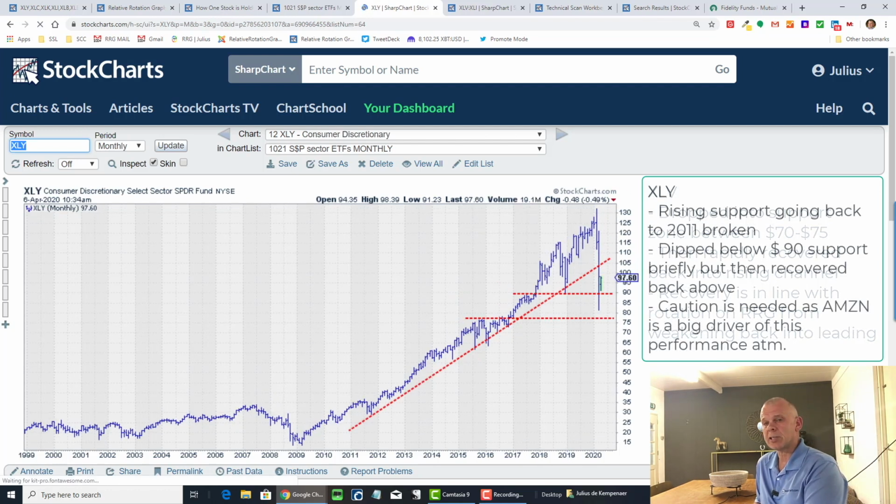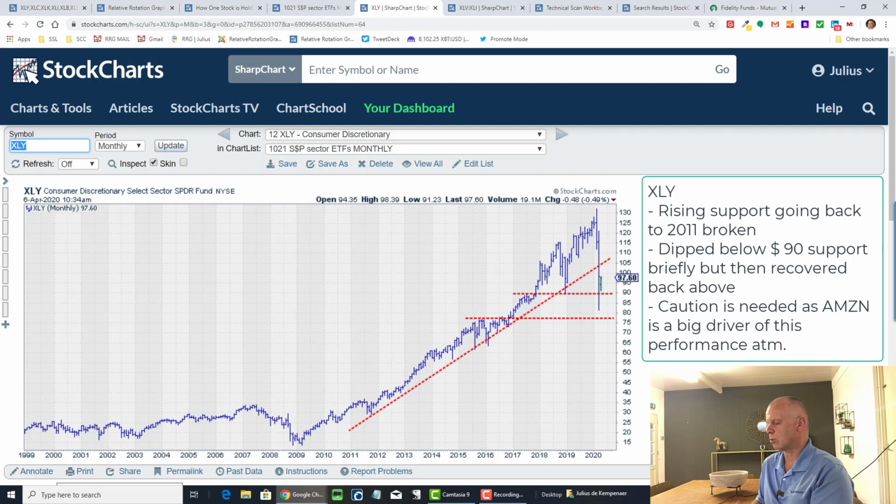And then finally, the last sector, which is consumer discretionary. Super nice uptrend since 2009, which started really to adhere to that rising support line from 2011 onwards. A lot of touch points, very valid trend line, definitely broken now.